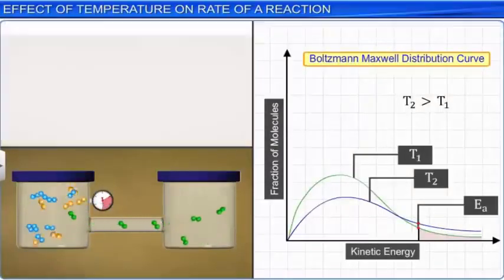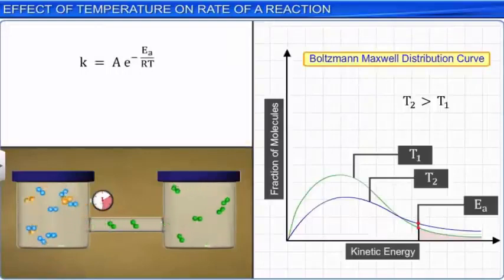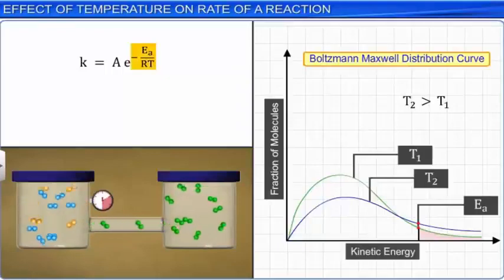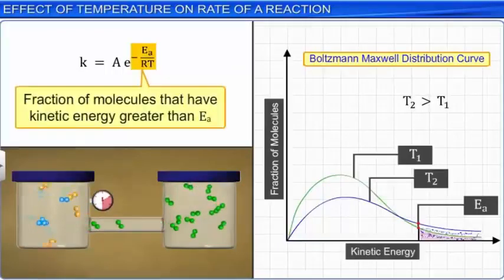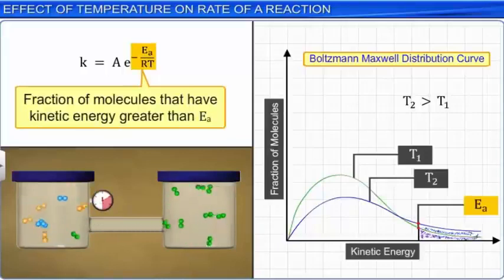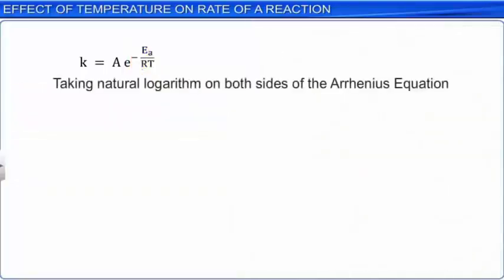In the Arrhenius equation, the factor e to the power minus EA by RT corresponds to the fraction of molecules that have kinetic energy greater than EA. Taking the natural logarithm on both sides of the Arrhenius equation, we get log to the base e of K is equal to minus EA by RT plus log to the base e of A. Let this be equation 1.